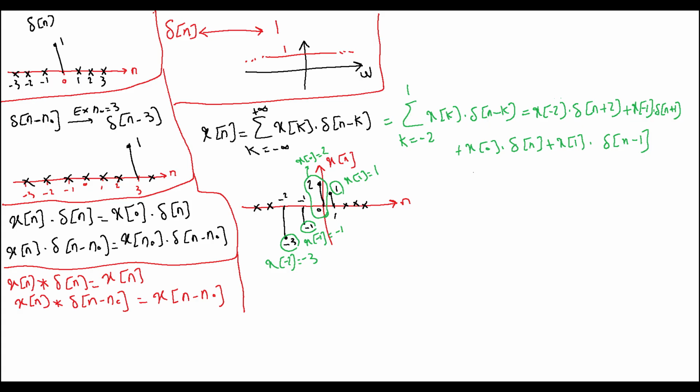After substitution, we obtain terms such as x[-2] multiplied by delta n plus 2, x[-1] multiplied by delta n plus 1, and so on. Now we can replace the numerical values of x at those specific time indices and finally write the signal x[n] as follows.